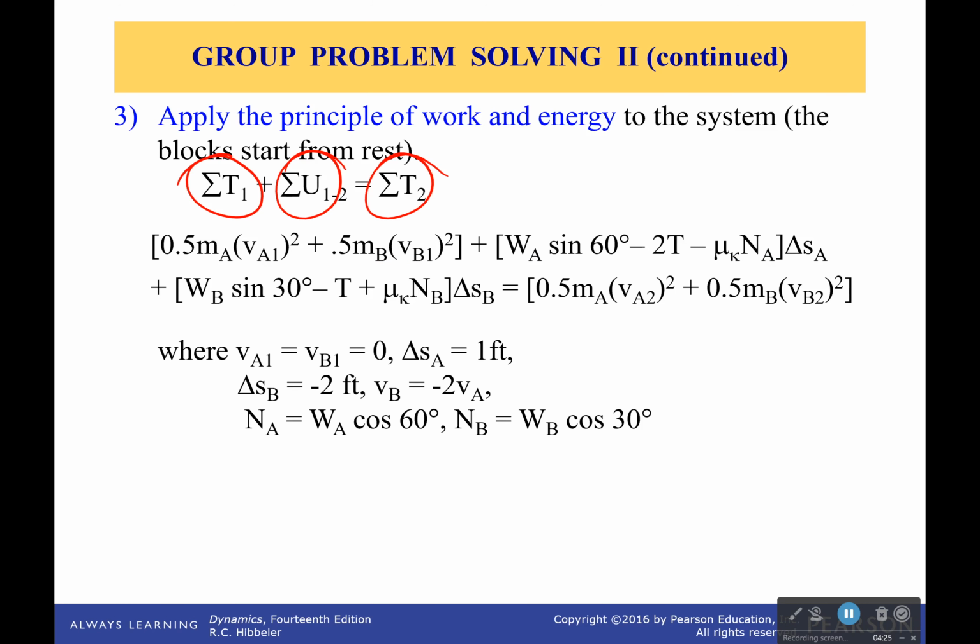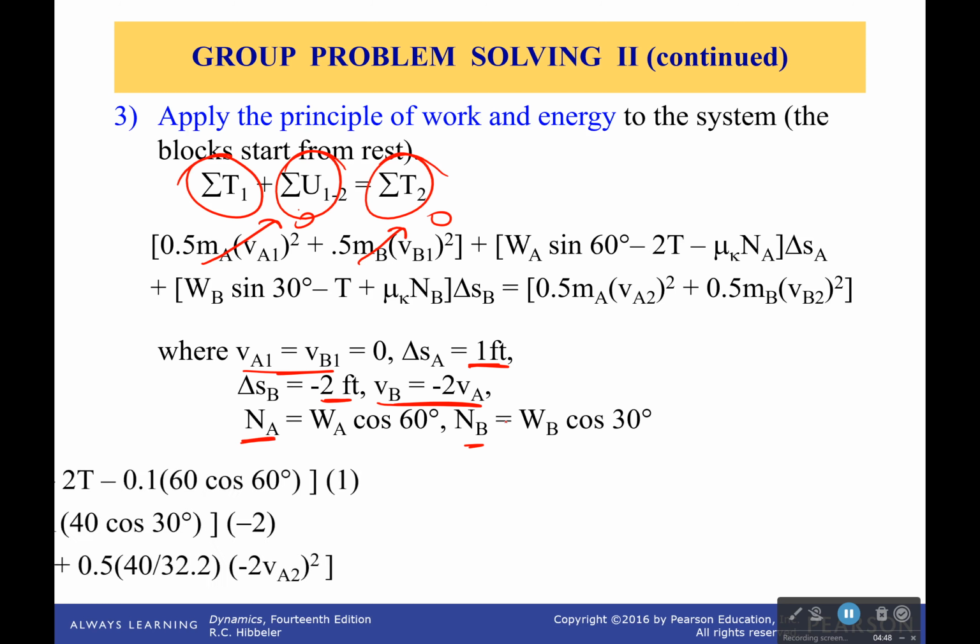We know that initially their velocities are the same, so all of that right there is going to go to 0. That's pretty nice. We also know how far S_A has moved, and therefore how far S_B will move. We know how to get V_B in terms of V_A. We also have equations for the normal force in terms of the weight.